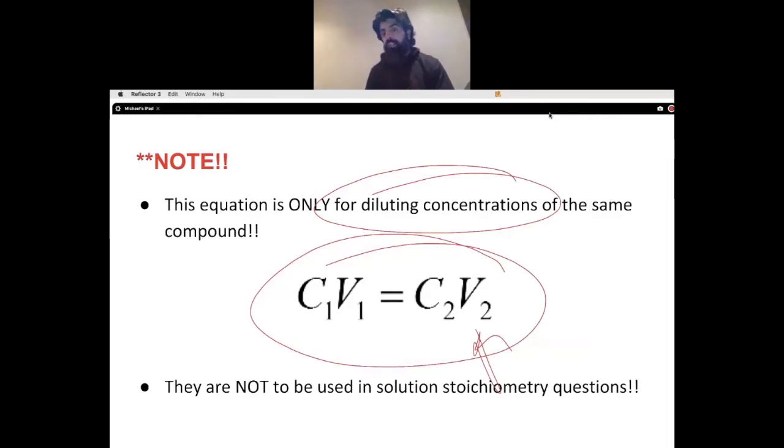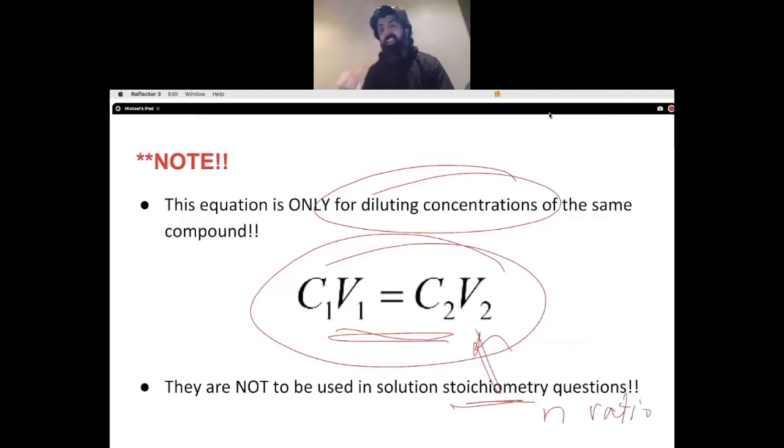And that's the reason why we don't use this formula: if we use it, we're not acknowledging the mole ratios. Notice there's no n value here. But when we do stoichiometry, we are always trying to find that n value, and we're using it to find the mole ratios.